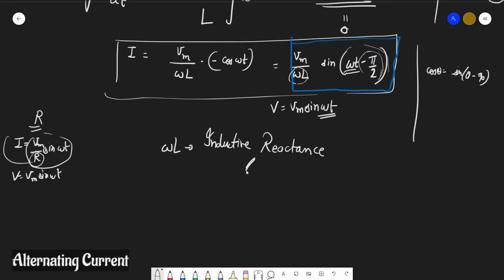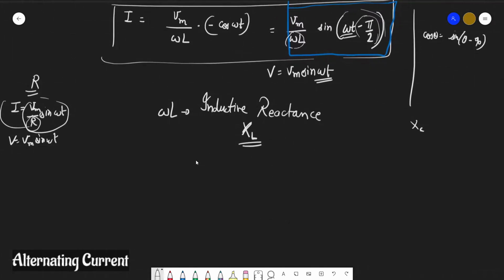Since it is an inductive circuit, this reactance is known as inductive reactance. It is denoted by X, and in subscript we write L to show that this is an inductive reactance. Similarly, when we discuss capacitive reactance, we will mark it as Xc. Now if you see the phasor diagrams, you can conclude easily from the expression also that the current and voltage are not in the same phase now.